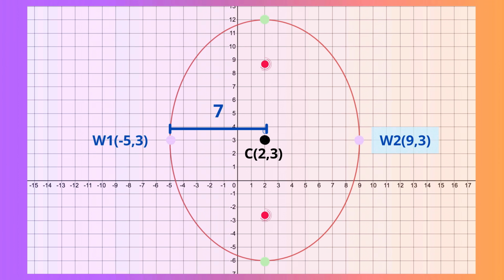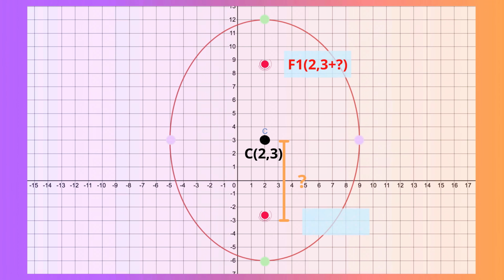Lastly, for foci, of course we have to add and subtract to the y-coordinate of the center, since they're the same with the vertices because they are collinear, but how much will we add and subtract? We can solve for c, using the Pythagorean theorem.